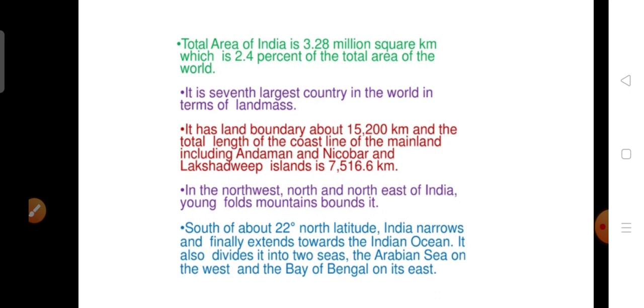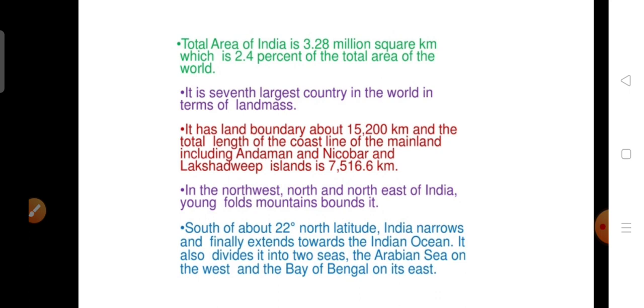7,516.6 kilometers. In the north and the northeast of India, Young fold Mountains bound it. Means India is surrounded by mountains from its north side, north east side and north west side.